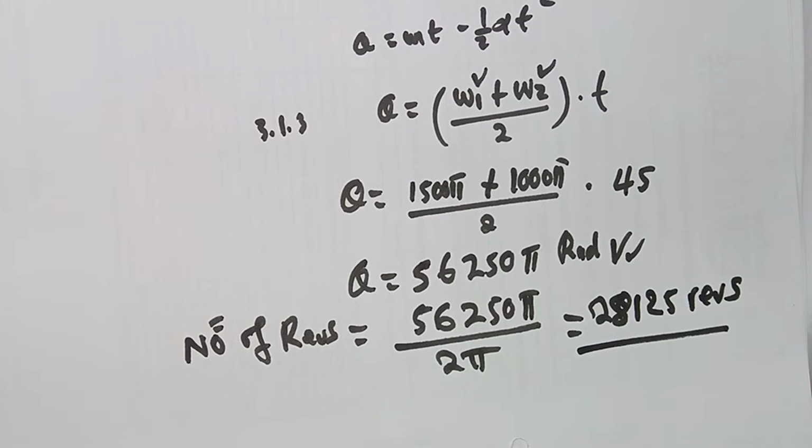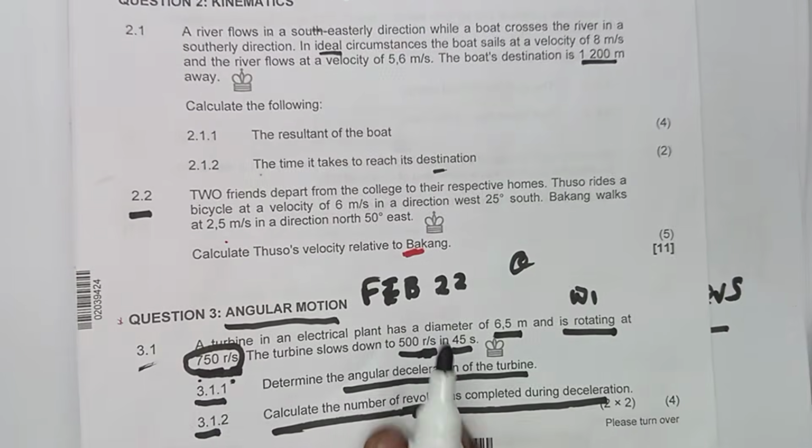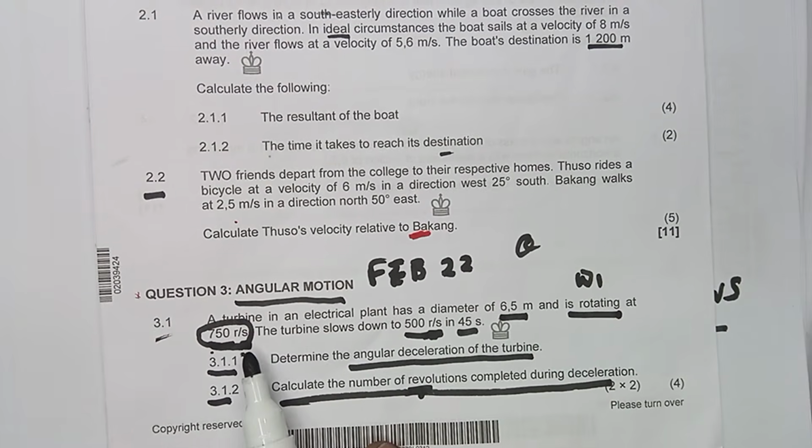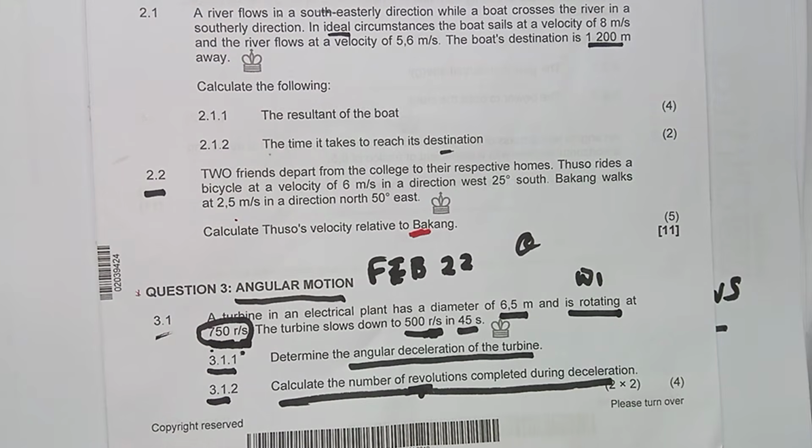Okay, so take note, guys, you answer the question in exam according to how you are asked the question. If it was revs per minute, therefore you're going to divide by 60 these values that we are given. But according to this question, this was revs per second, so we answer this according to what we're given. We do not correct ourselves in exam to say this is going to be revs per minute.